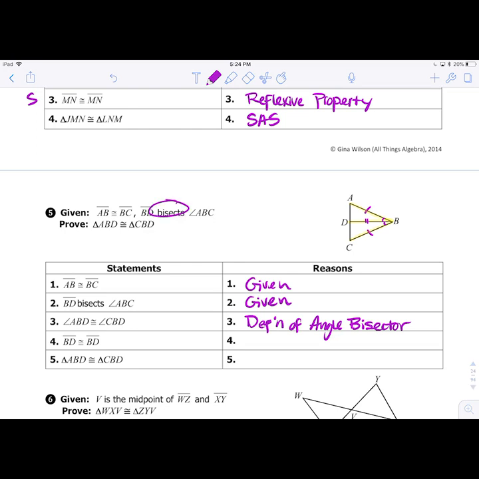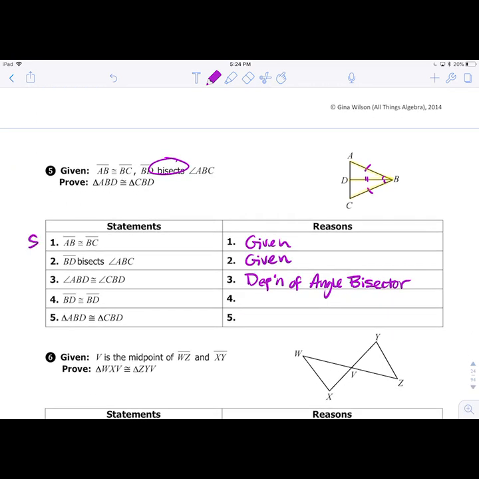Anytime a problem gives you bisects or midpoint or anything like that, you need to use that as a reason in your proof. So we have a side, an angle here, and then a side here. BD is congruent to itself. That's reflexive property. So what's the theorem that we can use? The theorem we can use is SAS.